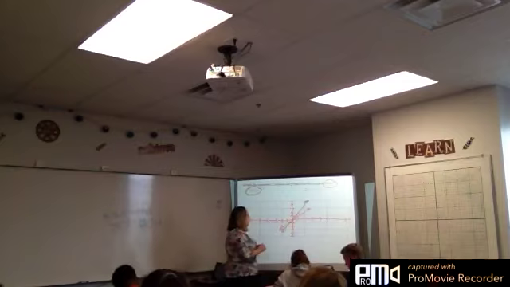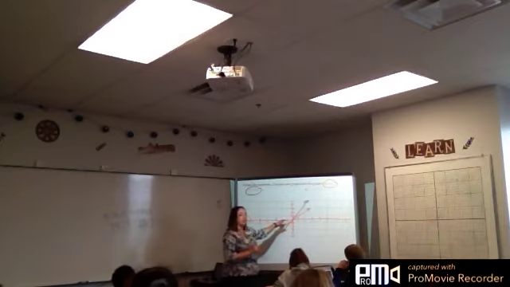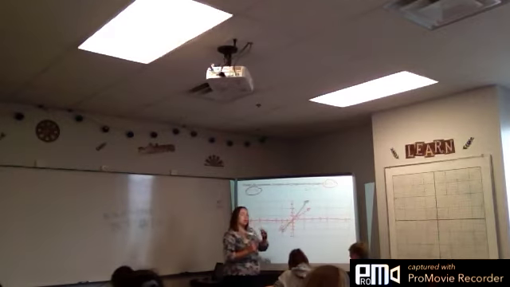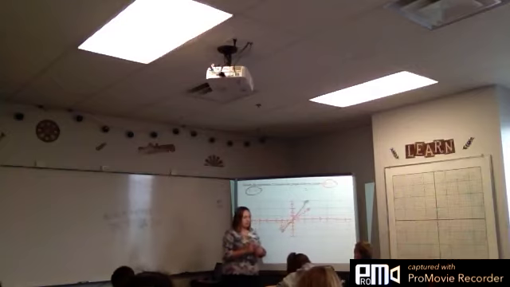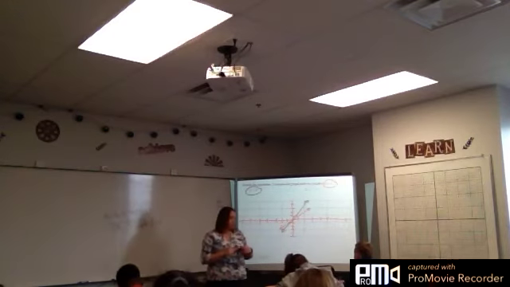Now, that shows me a comparison on a graph. Use words for me. How did this graph change compared to the parent function? It's very simple. Okay, doubled the rise. Oh, you can just say that.